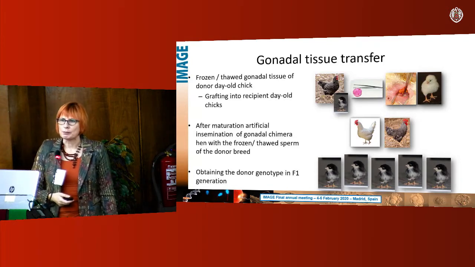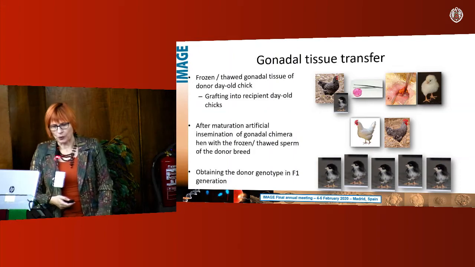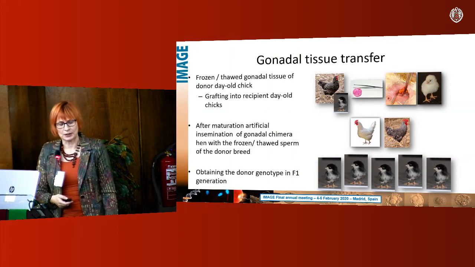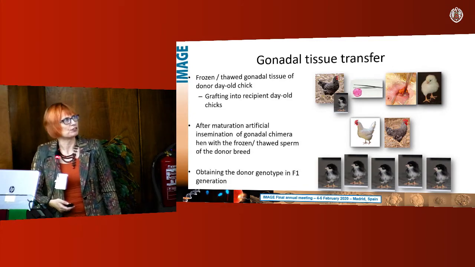Although it is impossible to cryopreserve the egg, it is possible to freeze the ovary of the day-old chicks because its construction at this age is different from the adult one.